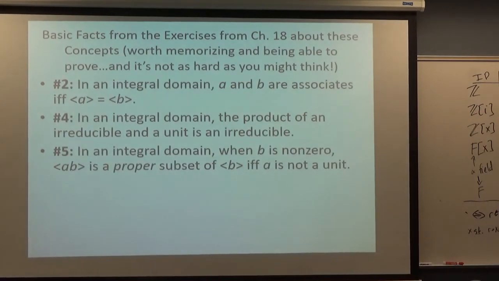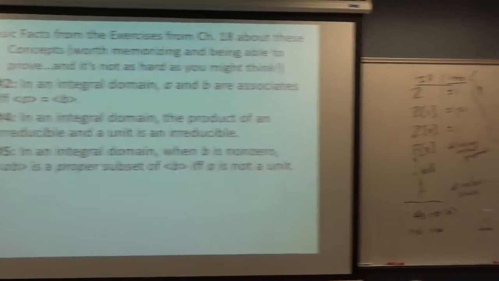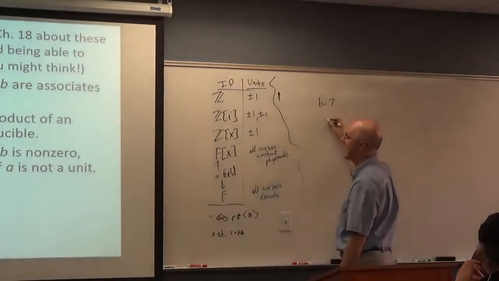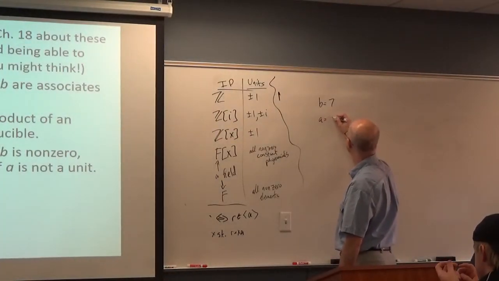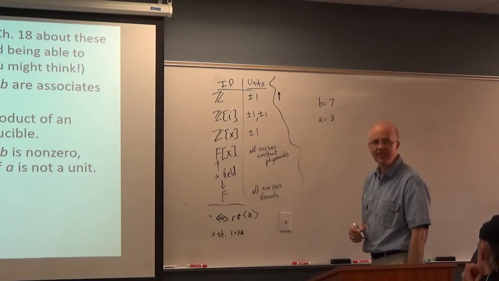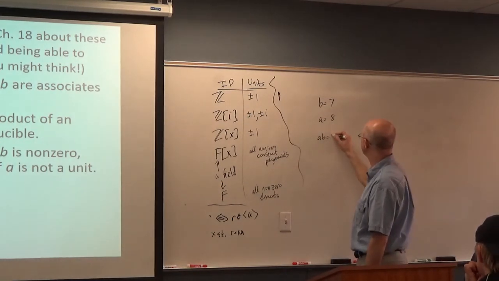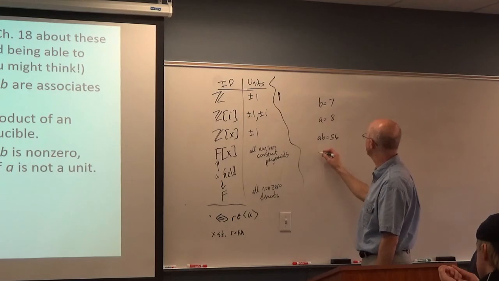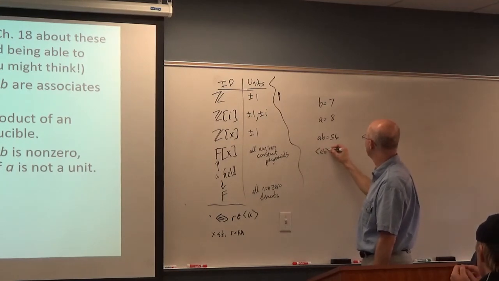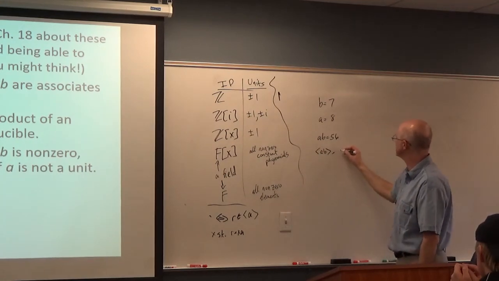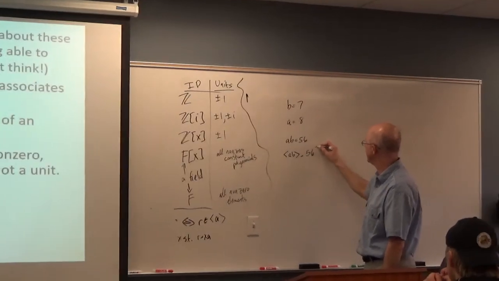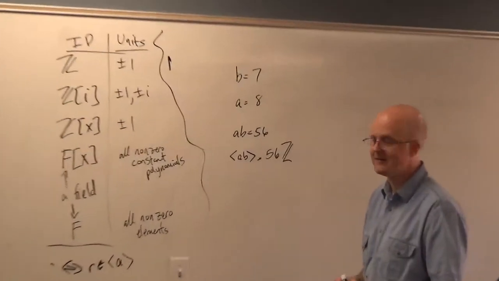For example, if B is 7, I keep going back to 7 for some reason, and A is 8, A times B is 56, then the ideal generated by A times B is going to be, well, you could write it like this, 56Z.